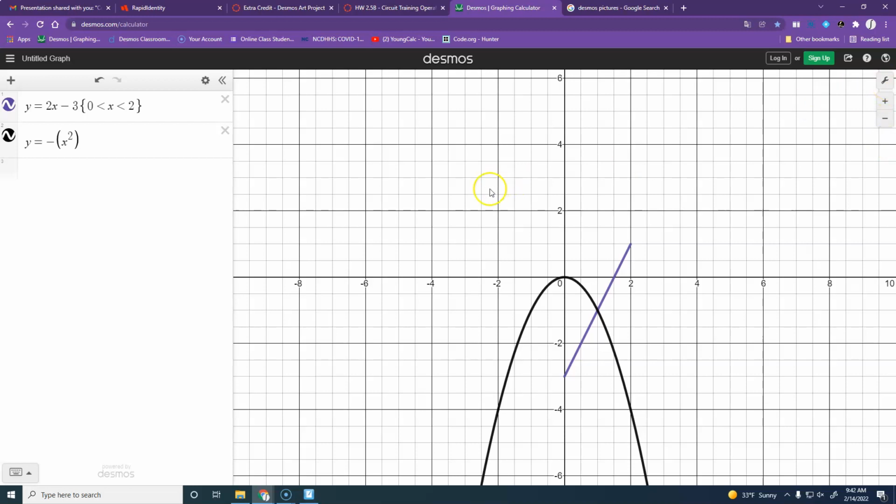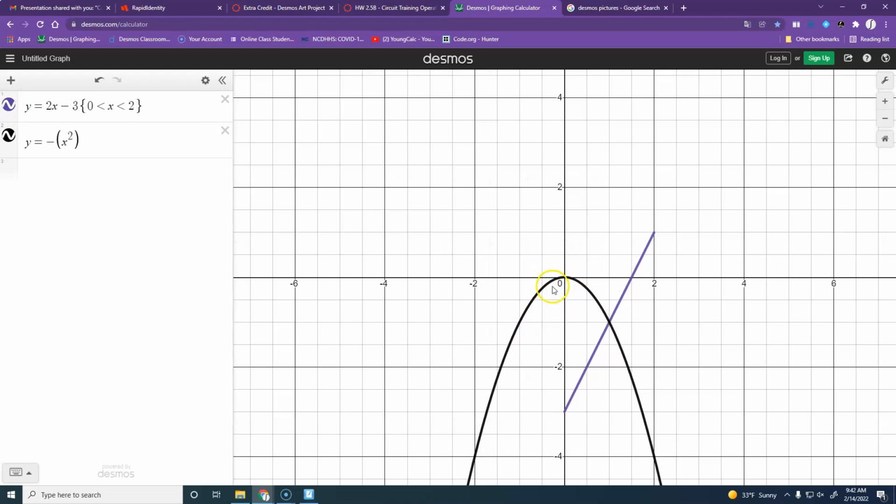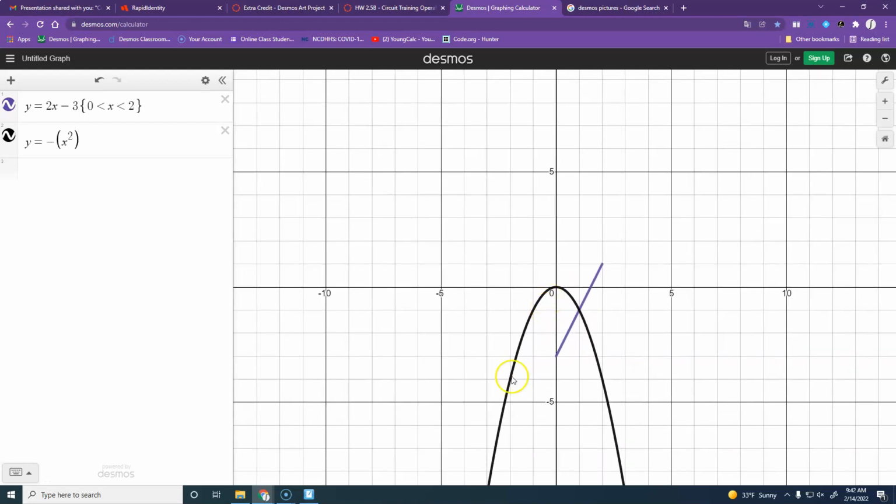I don't have a house button. But a good thing to do, let's zoom out a little bit. So this point right here, let's say that's the point that I want to end up touching right here. Well, that point needs to go up 5 and to the right 4.